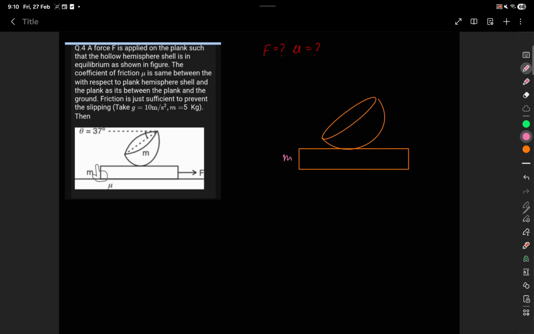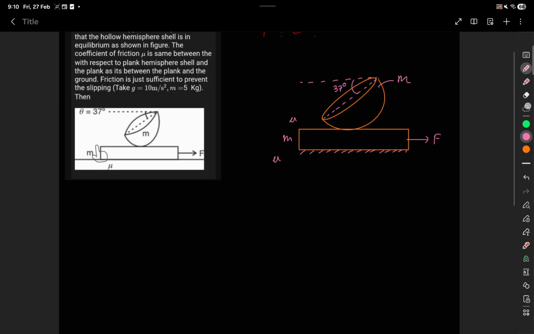This mass m, this mass m, and you are applying a force at this position, and it is given that mu is the same for both the surfaces. So now let's proceed.